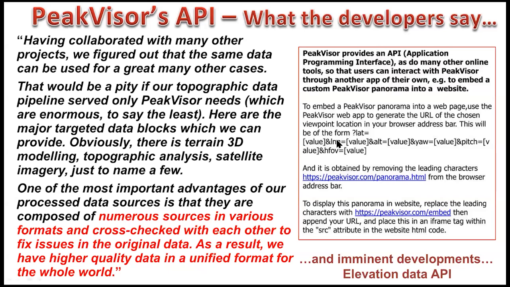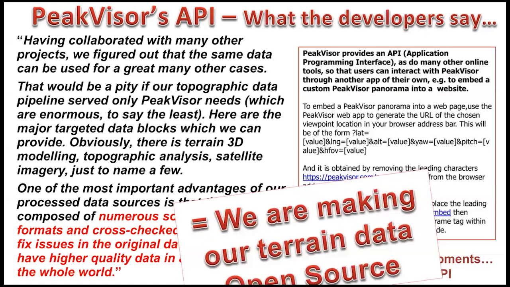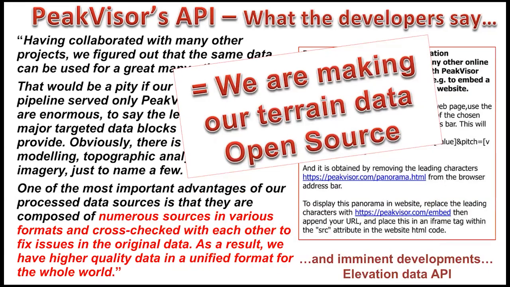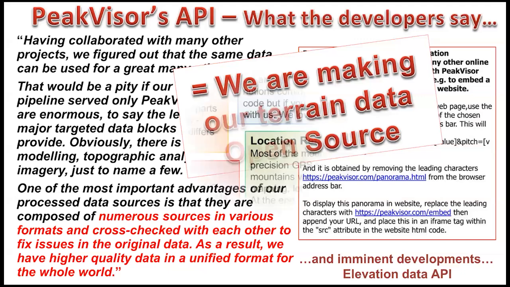So that's quite exciting. But what these people have really done is to say that they're making their terrain data open source. And given that they've put a lot of work into it, that's an interesting strategic decision to make as a company. We've put all this work into making our data better, and now we're going to give it away. And it's interesting how that will play out.